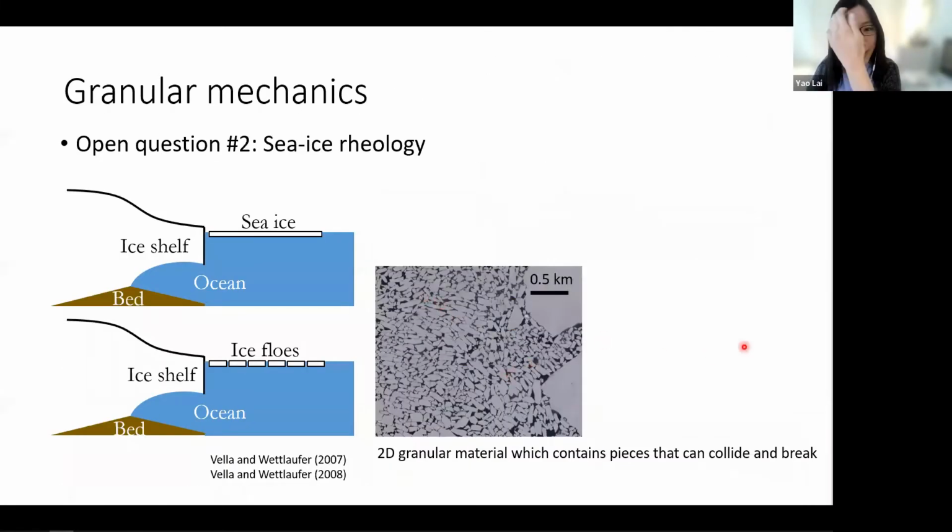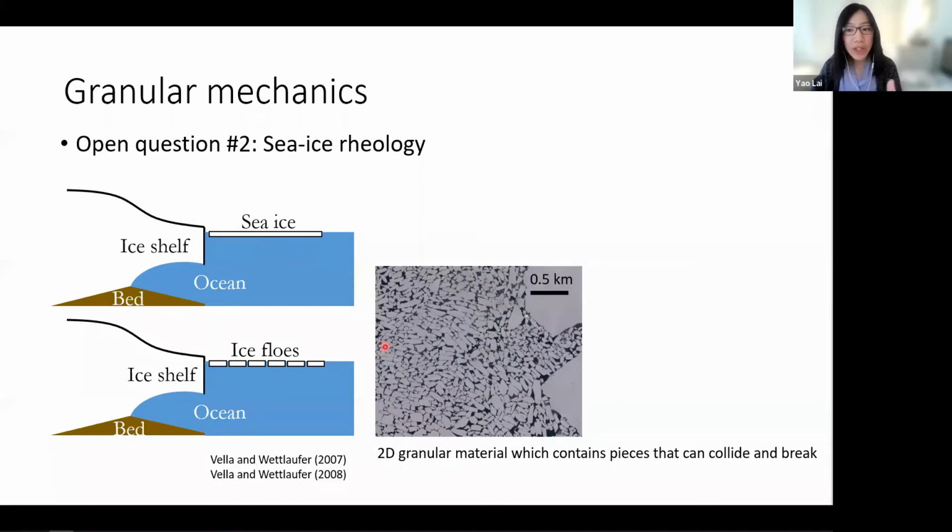The second open question is relevant to the granular mechanics of sea ice. This again echoes John's point that we don't really know the constitutive law of sea ice. Different from ice shelves, sea ice forms from the freezing of the ocean surface, and its thickness is observed to be about 1 order of magnitude smaller than the thickness of ice shelves.